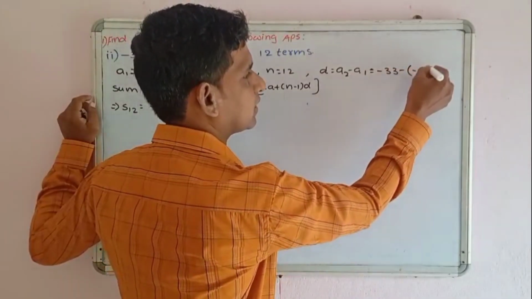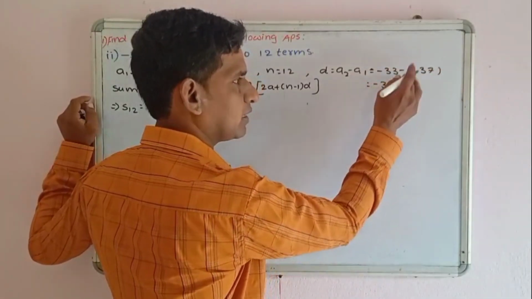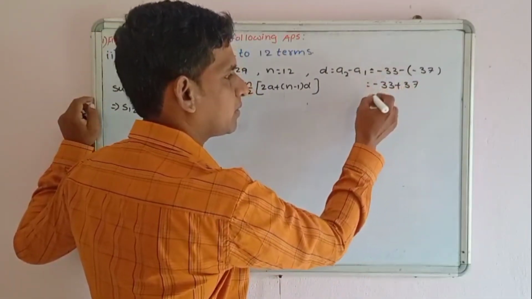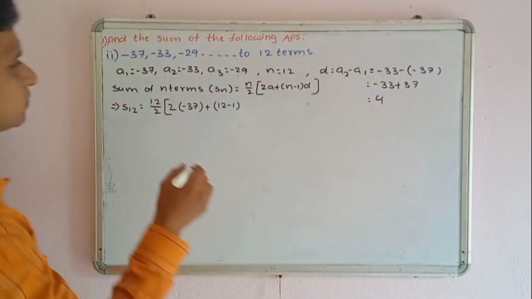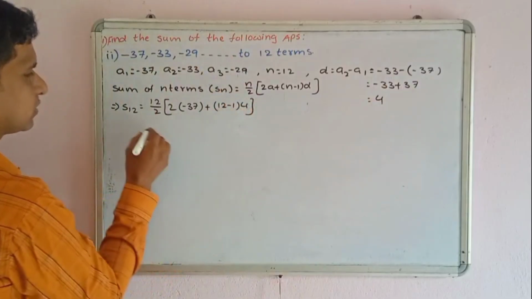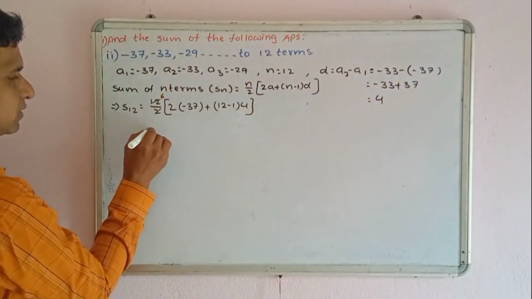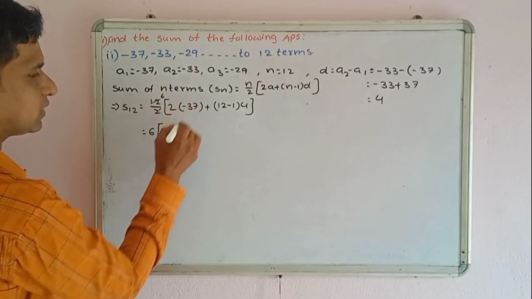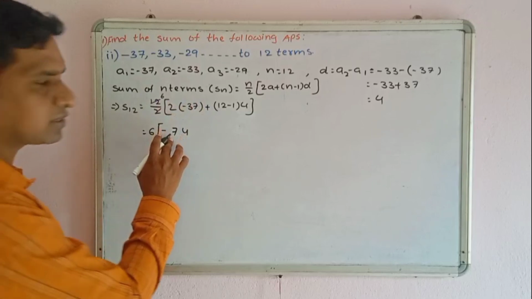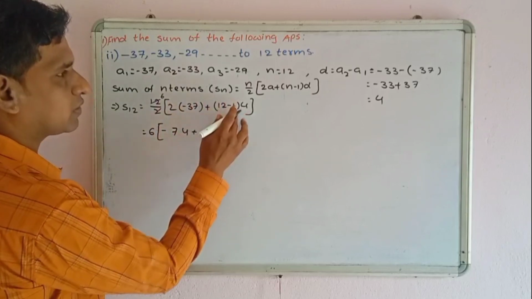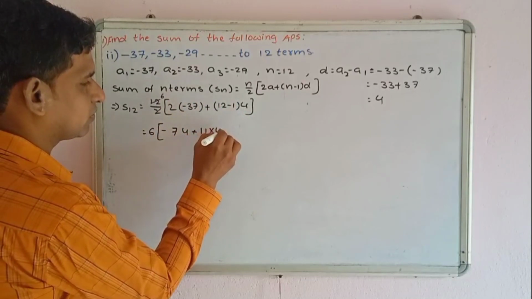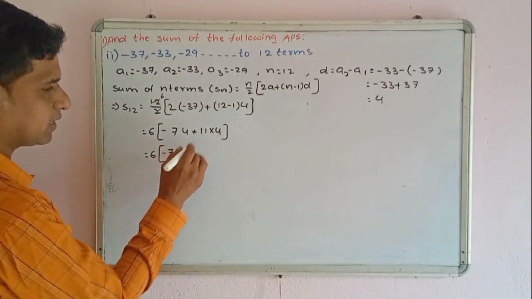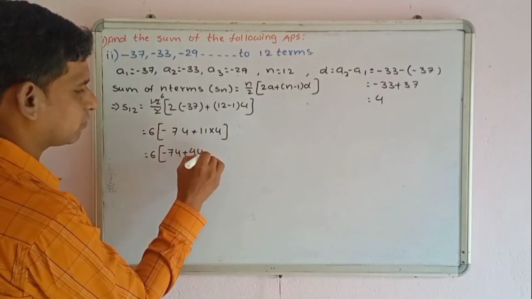Listen, minus 33 minus of minus 37. Minus of minus is plus, so 37 minus 33 is 4. So d is 4. Now 12 by 2 is 6. 6 into 2 times minus 37, which is minus 74, plus 12 minus 1 is 11 into 4, which is 44.